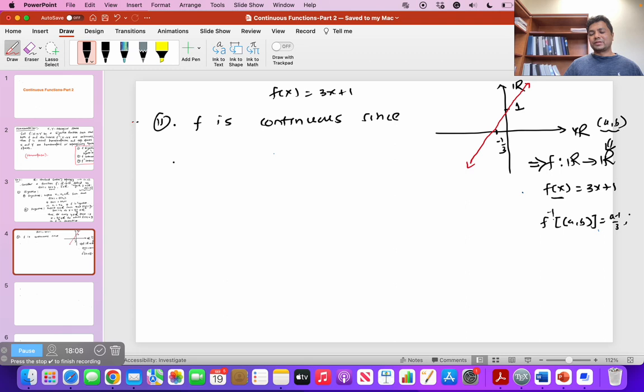And the inverse image of B is going to be B minus 1 over 3. So the inverse image of this basis element is this open interval. And an interval like this one is obviously going to be open when you have the standard topology on R. Under the standard topology, the open sets in R are basically the open intervals.